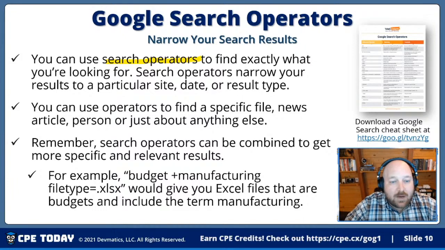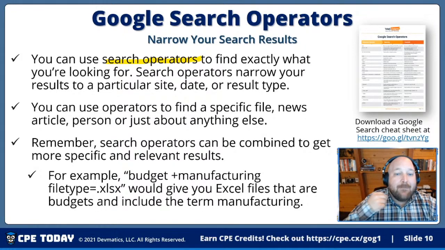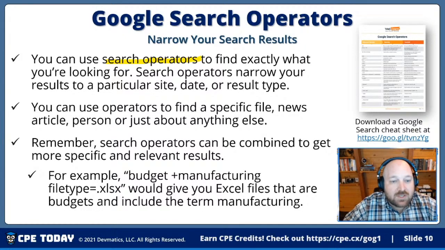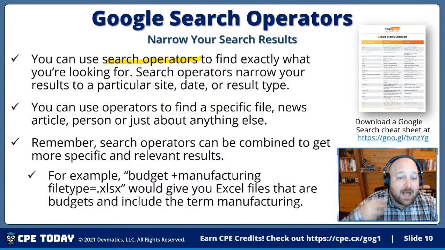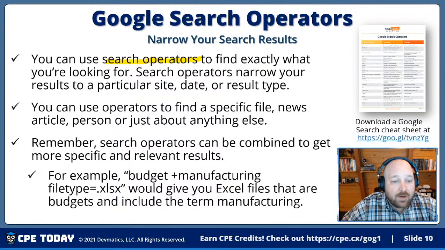And so using a search operator is something that gets amended to the actual query yourself. So for example, let's say you wanted to narrow it down to a specific site, or you wanted to narrow it down to a specific result type. Well, you would type in whatever you're looking for, and then you would use an operator in addition to that query.